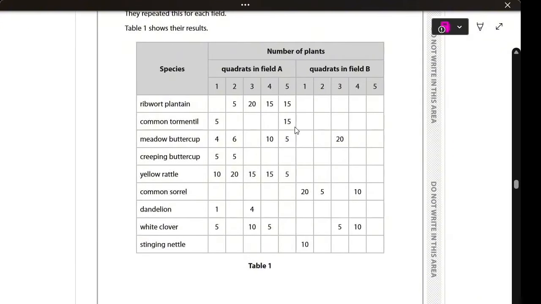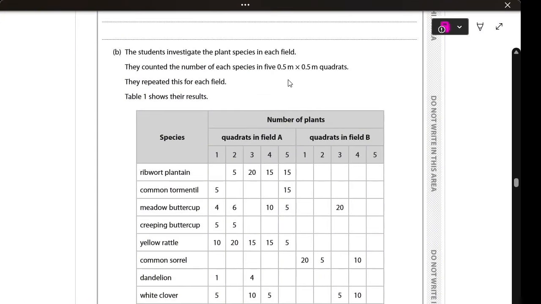What is the most frequently occurring species in field B? That should be common sorrel because they have the highest number, 25 plus 10, 35 of them, in 5 quadrats of 0.5 by 0.5. That is the area of the quadrat.